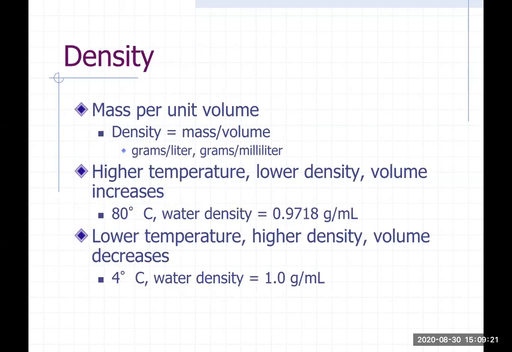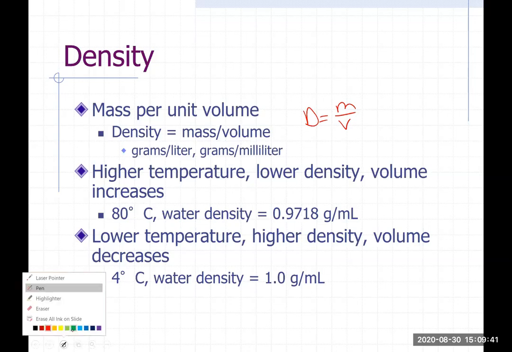That brings us to evaluate density. Density is a ratio of mass over volume, and so you'll often see it written like this in a formula. And you can see that we're saying if you have a higher temperature, the density decreases while the volume increases. And so let's just think about why that would be the case for a minute before we go on.